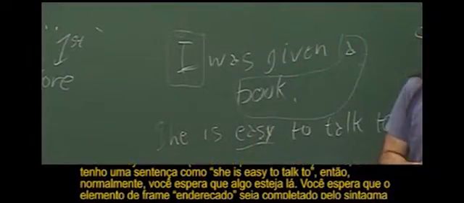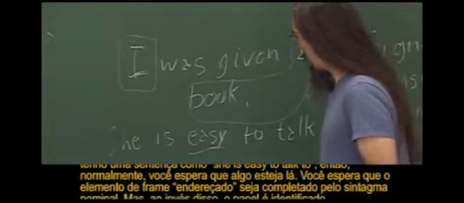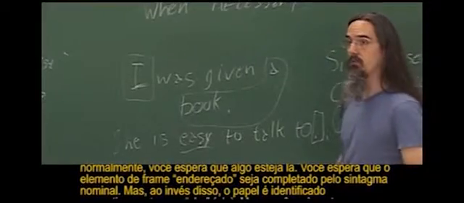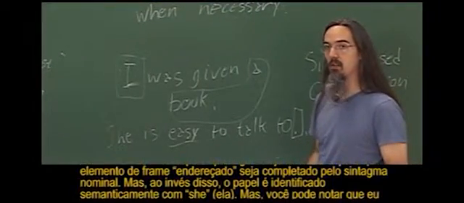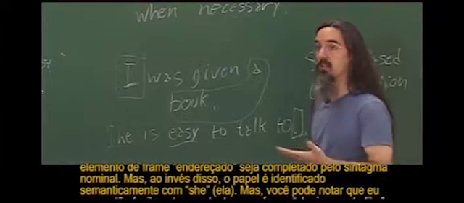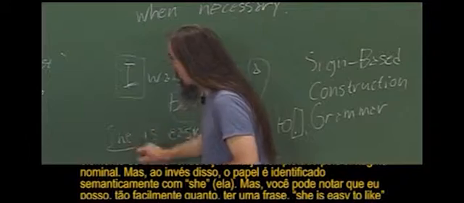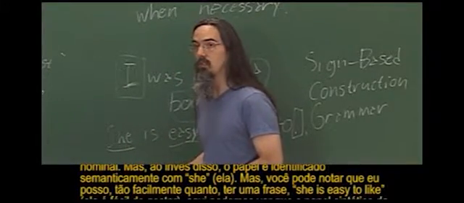So if I have a sentence like she is easy to talk to, then normally you would expect something to be right there, right? You'd expect the addressee frame element to be completed by a noun phrase there. But instead, it's semantically, that role is semantically identified with the she, which is over here.